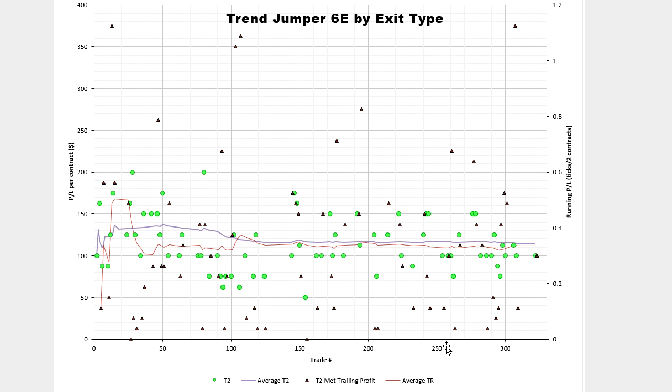And you can see actually by the end they're very, very close. But what you also see is on individual results, there's a lot lower results in the trailing profit being met when T2's met, but also you've got the potential for much, much bigger trades as well, getting on for double the size of some of the biggest fixed target 2 P&Ls there.